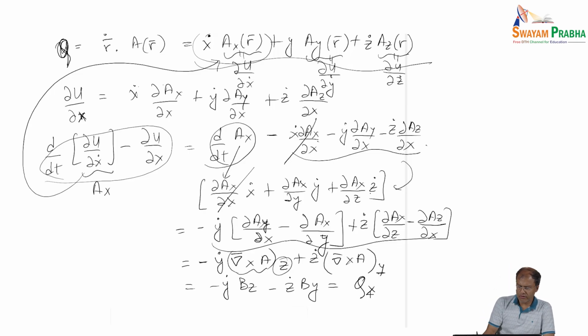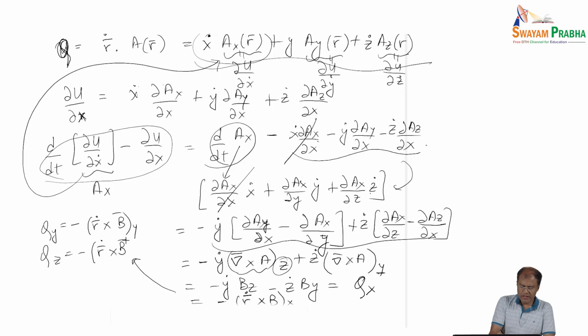So we have found the x component of q, which is qx, and we can see that this is nothing but the x component of minus r dot cross with B. And similarly we can find qy and qz: qy is going to be minus r dot cross B, which is the y component, and similarly qz will come out to be minus r dot cross B, which is the z component.